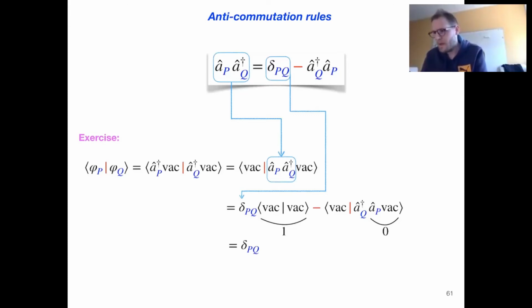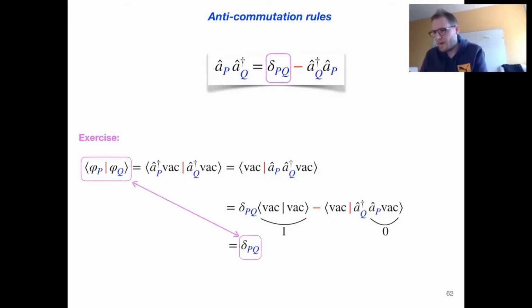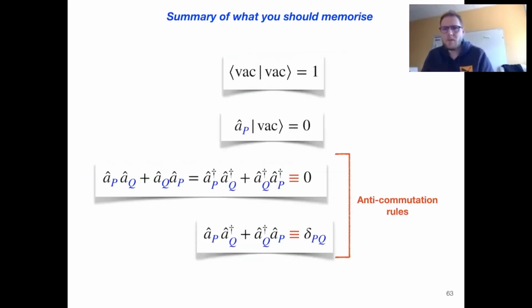All right. So this is probably the most important slide of this presentation. I summarized on that slide what I think you should memorize to be ready to practice second quantization. And I'm very serious, this is the only thing I need to know to actually practice.